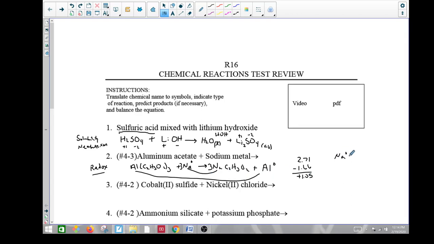Na metal going to Na+ plus 1 electron, that's oxidation, and then aluminum +3 plus 3 electrons goes to aluminum metal. So this is going to get multiplied times 3, and that's where we get the 3 here, 3 there.